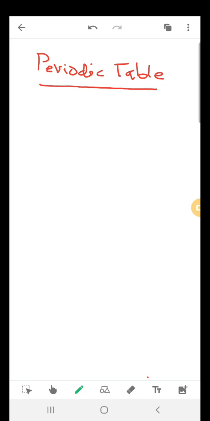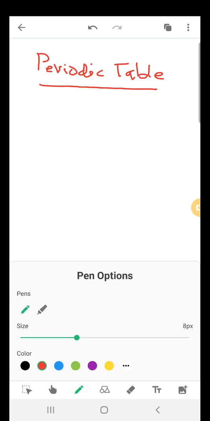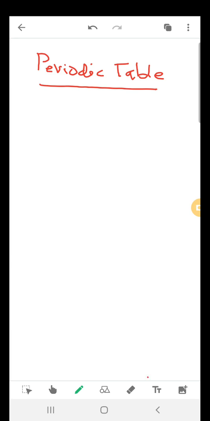So it's something like this. We'll write the periodic table. In the first row we have helium, lithium, sodium, potassium, radium, cesium, and so on.